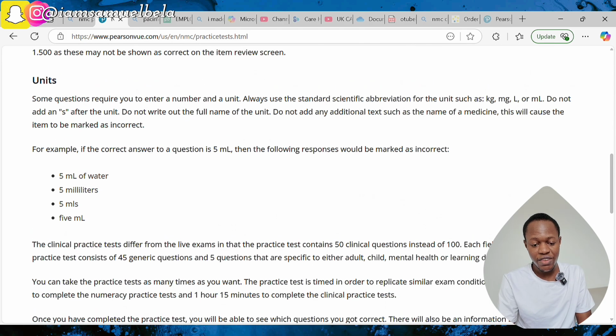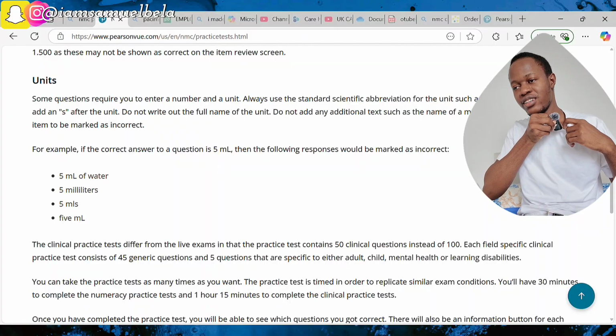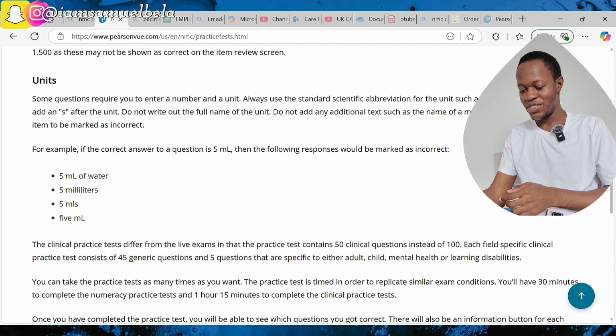For example, if the correct answer to a question is 5 ml, then the following responses will be marked as incorrect: 5 ml of water, 5 milliliters, 5 mils. It should be 5 ml just as it's written. So sometimes it's not that you are not getting it correctly, but you are writing the answers the wrong way. Okay, so let's dive right into the questions.